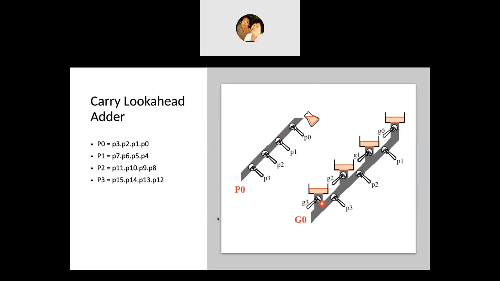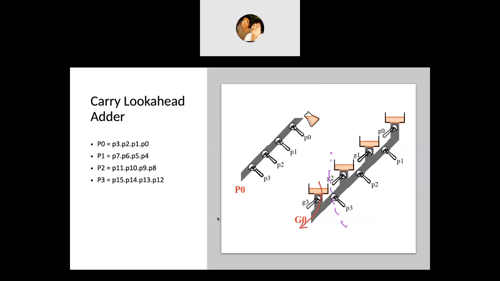Why do we call this term generate? Look at this kind of plumbing system. We have the water in G3. If G3 is 1, what does it mean? It can generate the G0 as 1 without looking at the rest of the system.